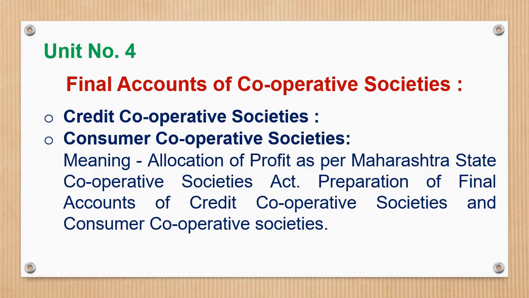But we see for both societies, allocation of profit as per Maharashtra State Cooperative Societies Act 1960, preparation of final accounts of credit cooperative societies and consumer cooperative societies. In that we prepare trading account, profit and loss account, balance sheet, and Form number N also we prepare in this chapter.